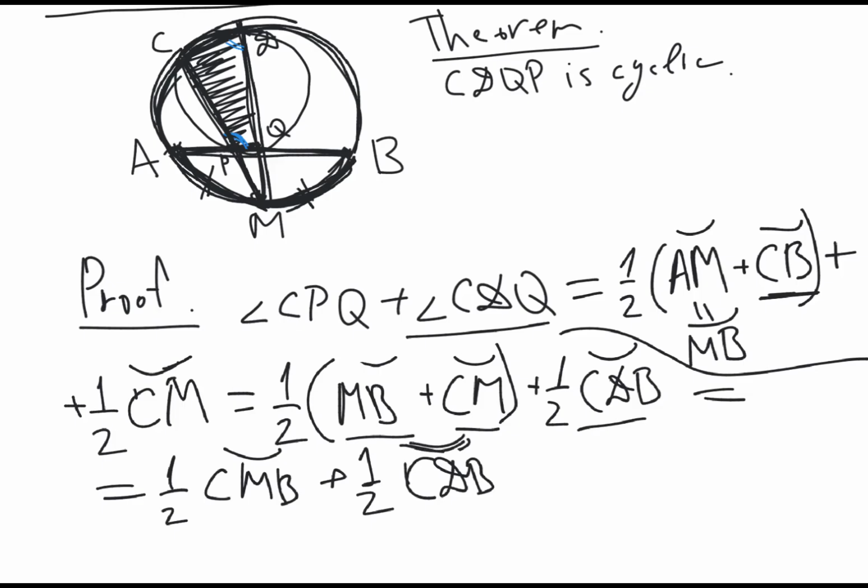So CMB plus CDB is simply the full circle. So this is equal to 1/2 of 360, which is 180, right?